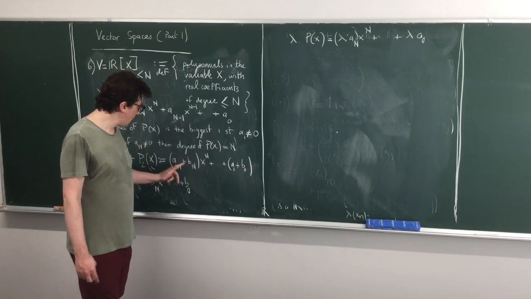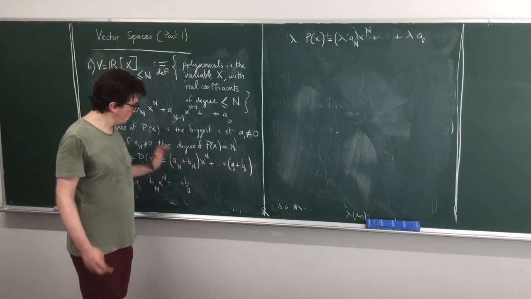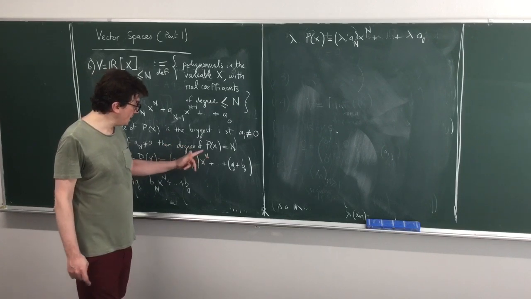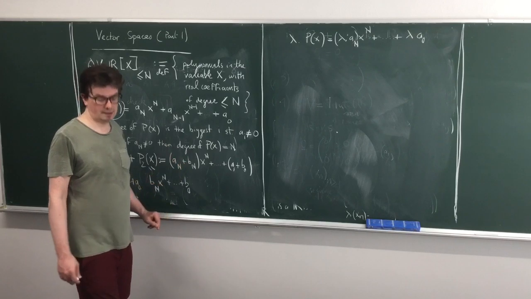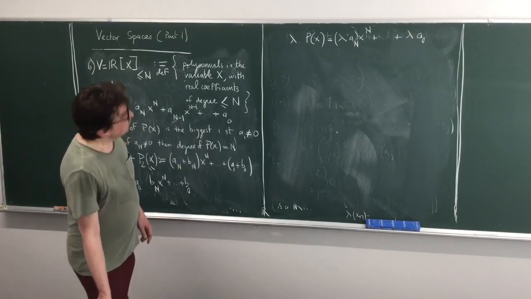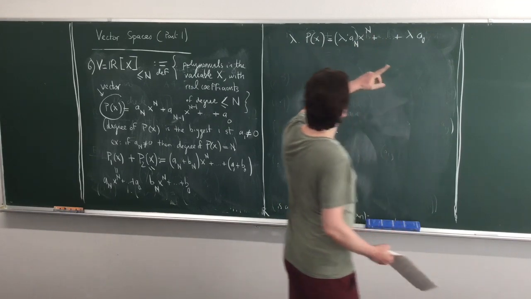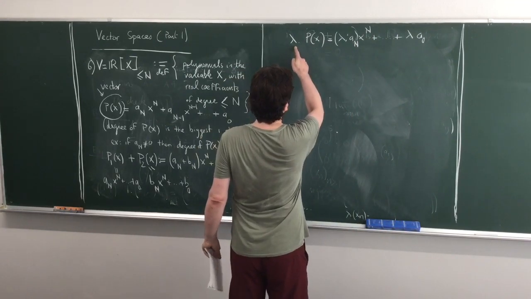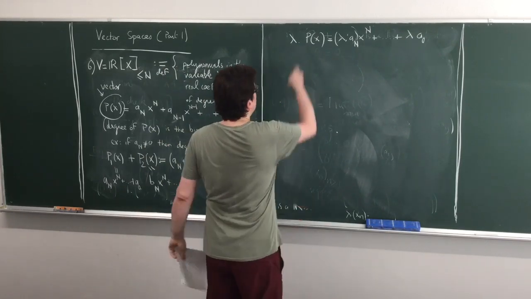The sum a_n plus b_n can be 0 sometimes, which means that even if the two polynomials are of degree n, the sum might be of degree less than n. Also, lambda times a polynomial is of degree at most n, because my lambda can be 0. If my lambda is 0, I will find the 0 polynomial.